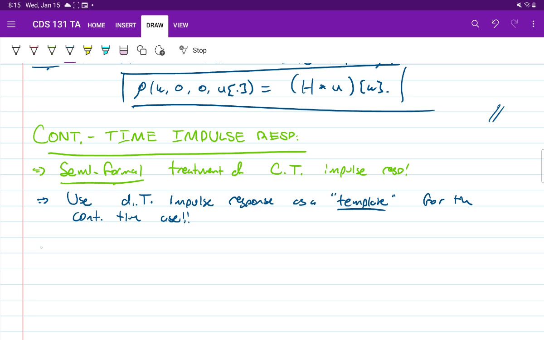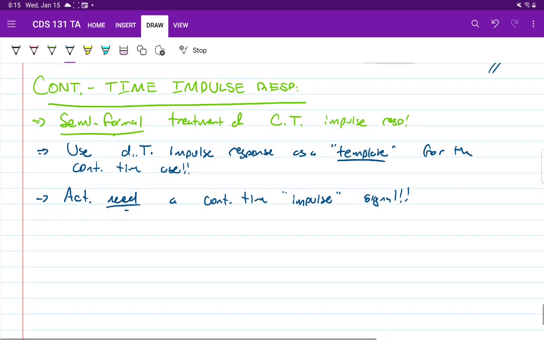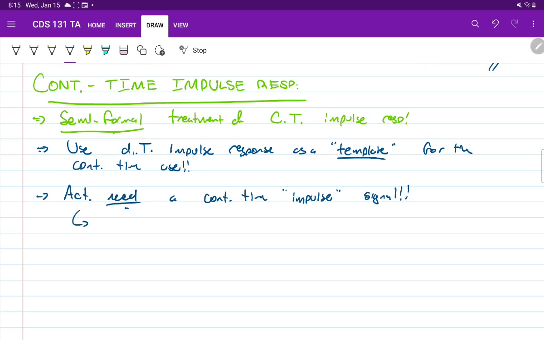In order to define a continuous time impulse response, the first thing we need is some notion of an impulse. So we actually need a continuous time impulse signal. This was that nice unit pulse function that jumped up from 0 to 1 in the discrete time case. Now we need an analog for continuous time. What I'm going to argue is that the key property of the discrete time impulse was the representation lemma, which told us we can represent any discrete time signal as the sum of discrete time impulses.